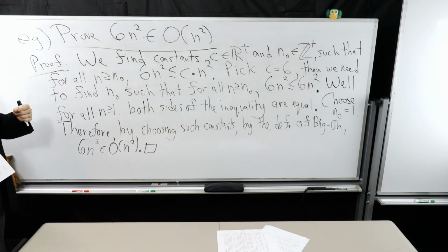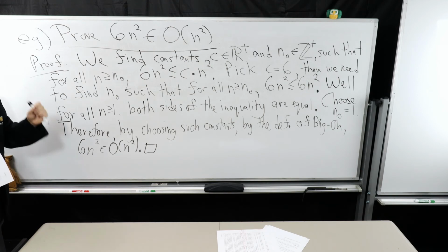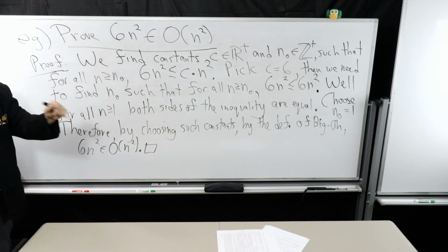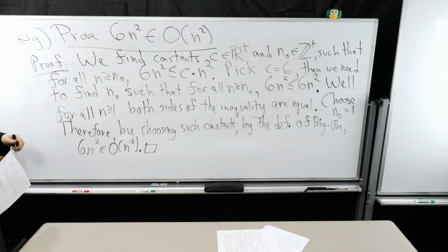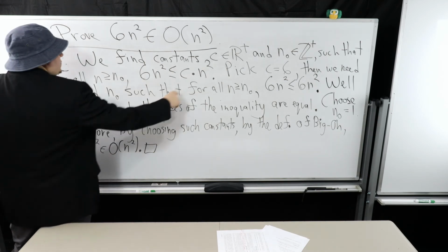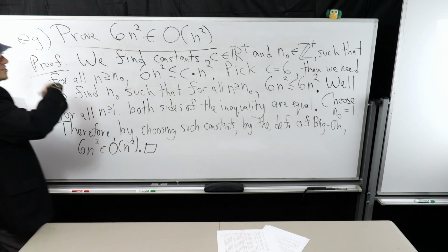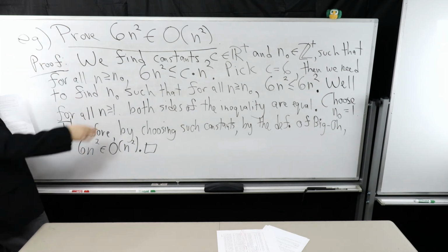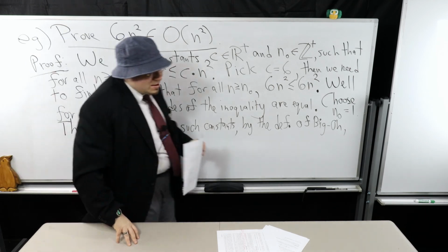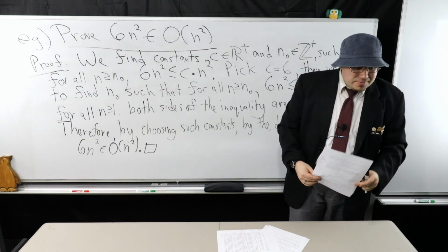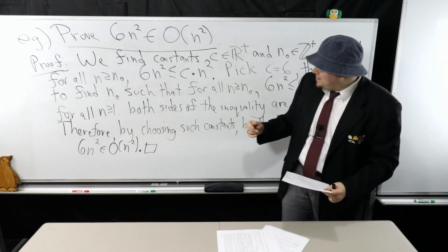If I pick C, my goal is then to justify that if I pick an appropriate n0, the inequality is always going to hold. That's the whole trick I'm using here. So notice I never justify picking this C. I don't do something to spell it out. This is where the intuition of my proof comes from. So that's the whole trick.